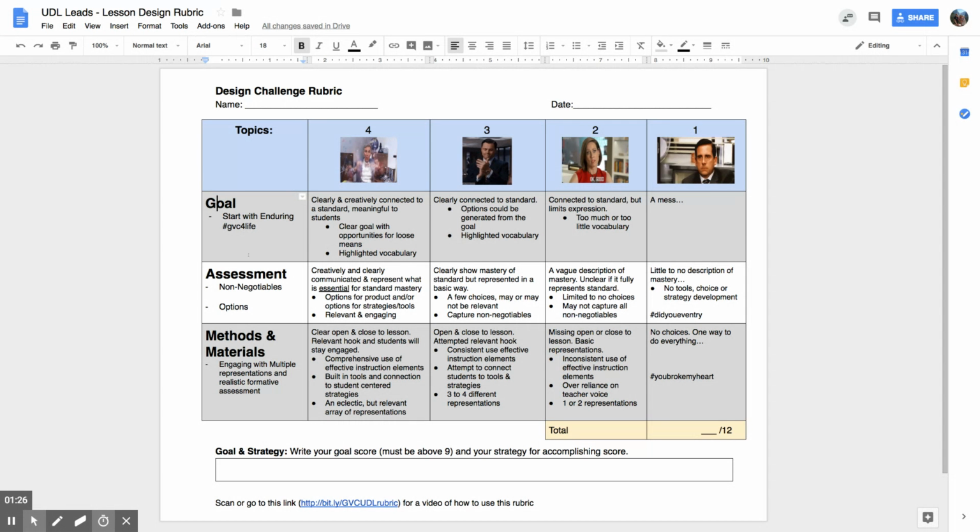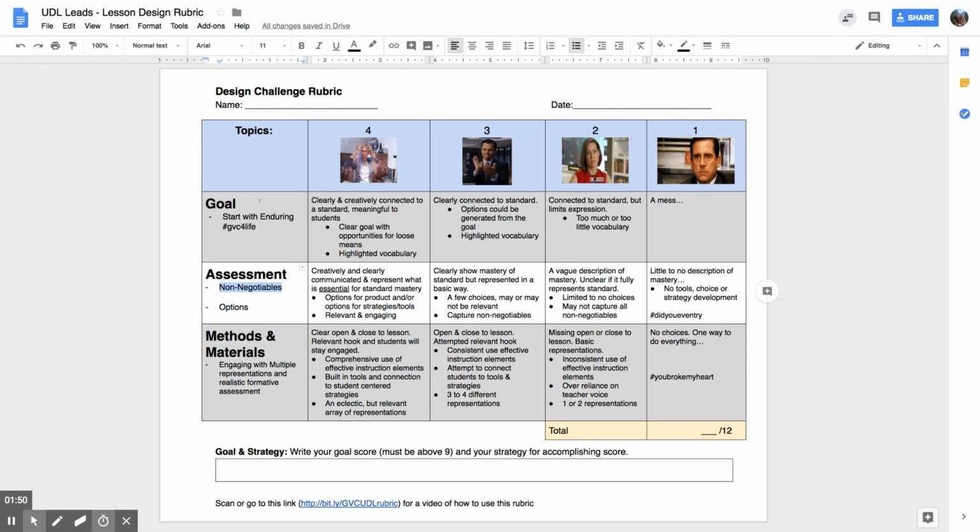From here, we'll be looking at assessments. How are you assessing whether or not a kid has shown or understood that goal? The first thing you need to do is make sure you understand what your non-negotiables are. Everything that we're teaching has, in order for kids to show competency, skills that they're able to do or knowledge that they're able to present to us.